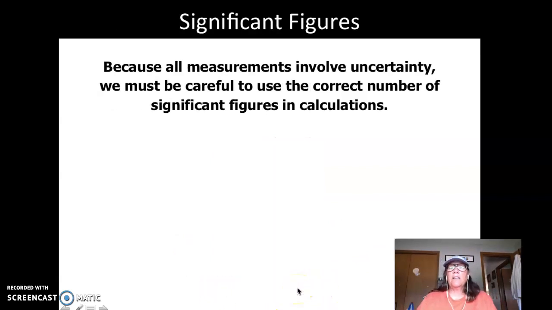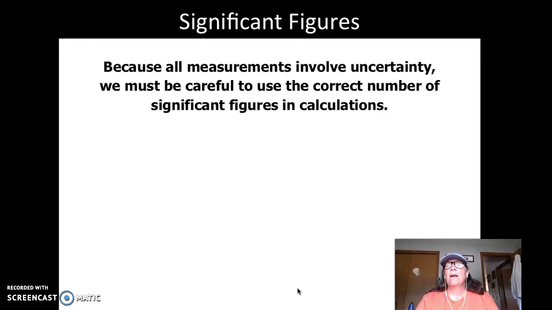Because measurements involve uncertainty, when you take 2 measurements and do a calculation, let's say you're going to do density. The mass, you put it on the scale and it reads 23.22. That's what you write down. That has 4 significant figures. And then you do the volume, and the volume's 100.